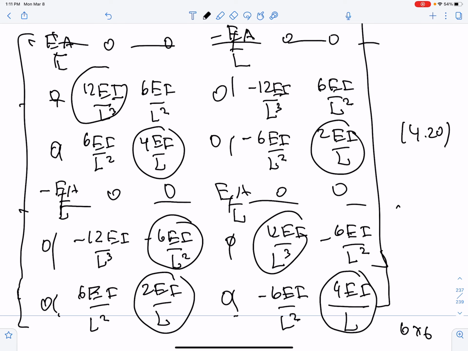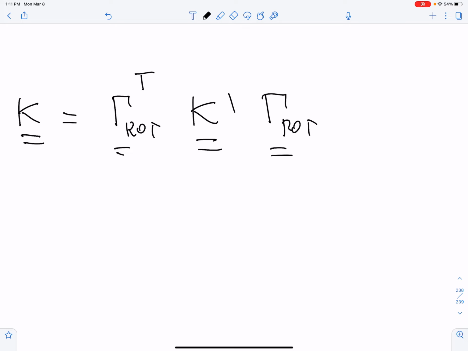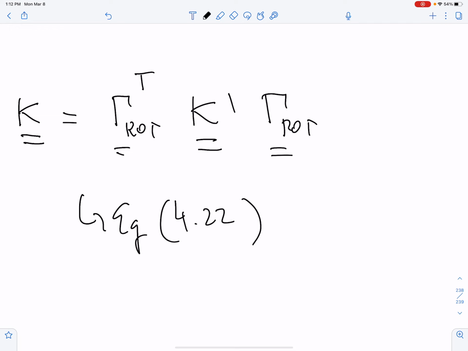And so finally, you can compute K by taking gamma ROT transpose times K prime that we just derived times gamma ROT like this, okay. And here I'm not even going to attempt to write out this expression. I urge you to visit equation 422 in the reader that fully populates that matrix.